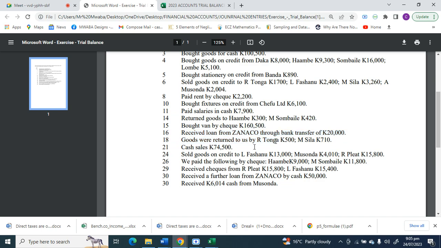Goods were returned to us by R. Tonga 500 and M. Sila 710.